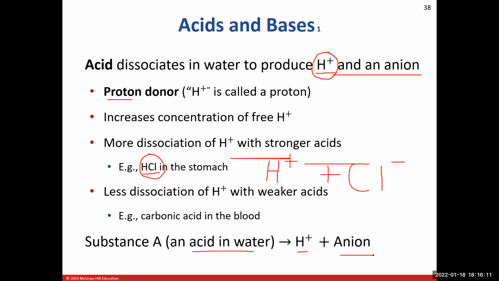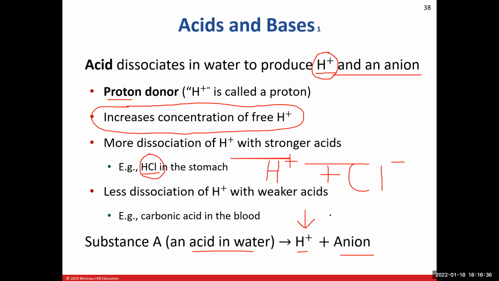Acids, and this is important, when you add them to water, increase the concentration of free hydrogen ions. Which makes sense, because when we add the acid to the water, it dissociates and breaks down into a hydrogen ion and an anion.